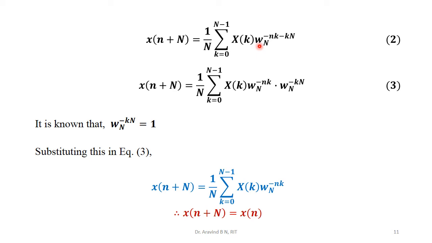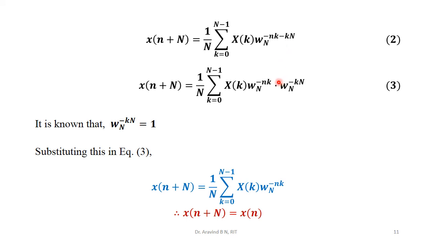The twiddle factor we have just expanded, and in the next step these twiddle factors are separated. Omega N power minus nk is one term, and omega N power minus kN is another term. We have just split that twiddle factor into two terms as per the mathematics rule.